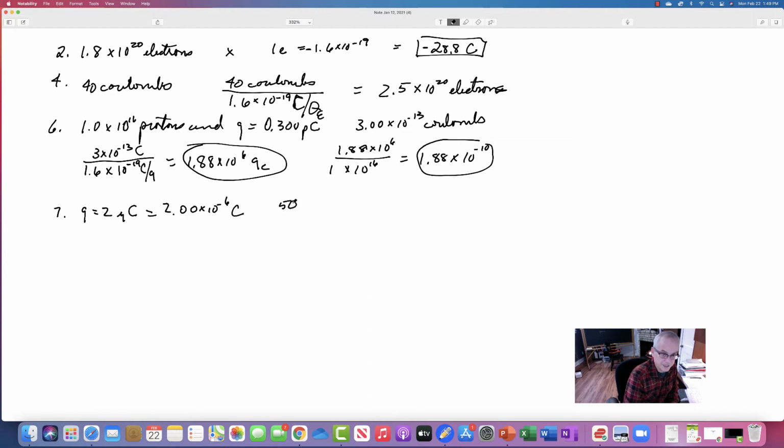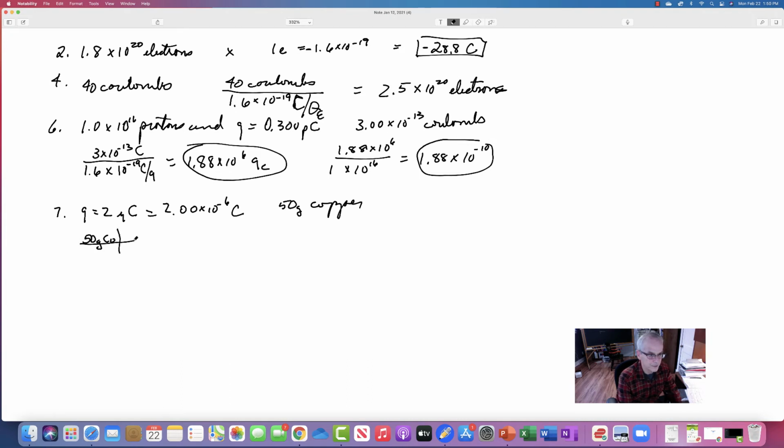And you have 50 grams of copper. What fraction of copper's electrons have been removed? Well, you need to know the total number of copper electrons and then what this represents in terms of fundamentals. Okay? So the total, first of all, you have 50 grams of copper.